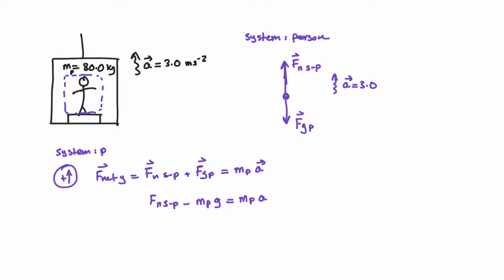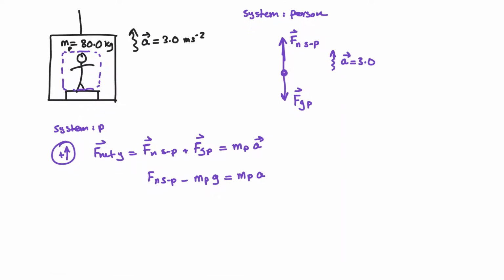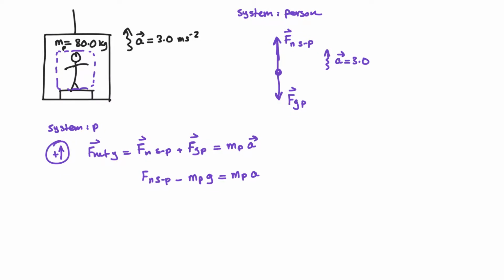I'm going to use a little bit of math here just to show you something. I'm going to rearrange by adding this term to both sides, and that will become mass of the person times acceleration plus mass of the person times the magnitude of the gravitational acceleration. I can now factor out mp, and this will become mp(a plus g).